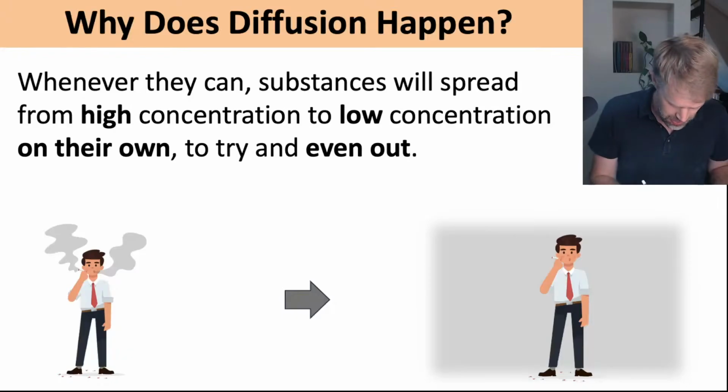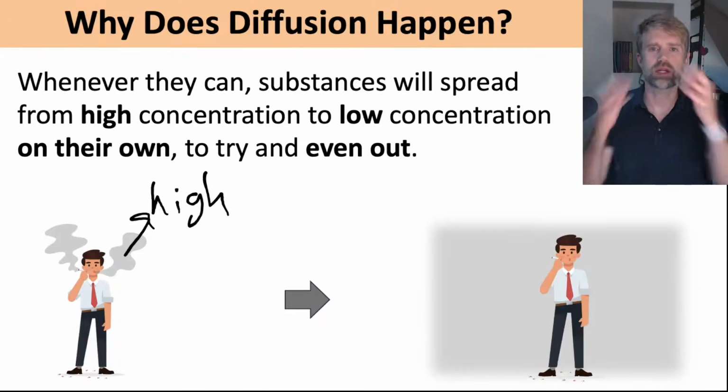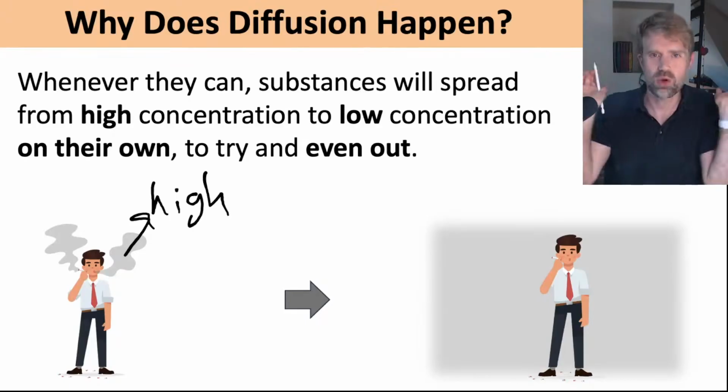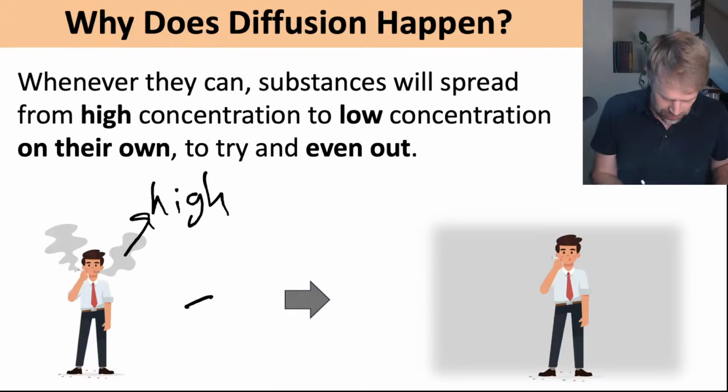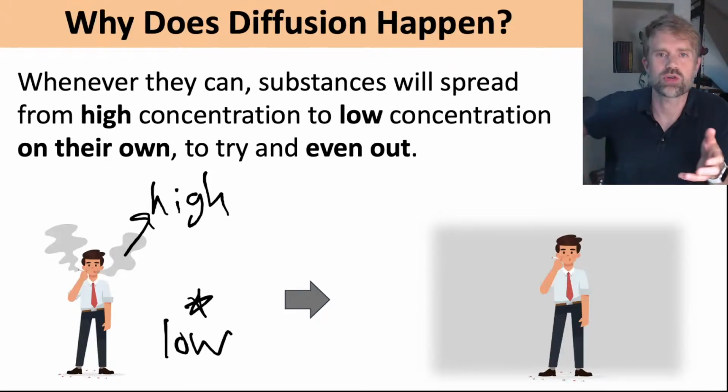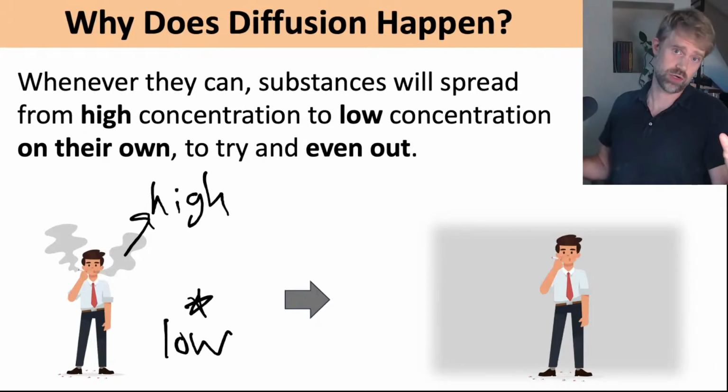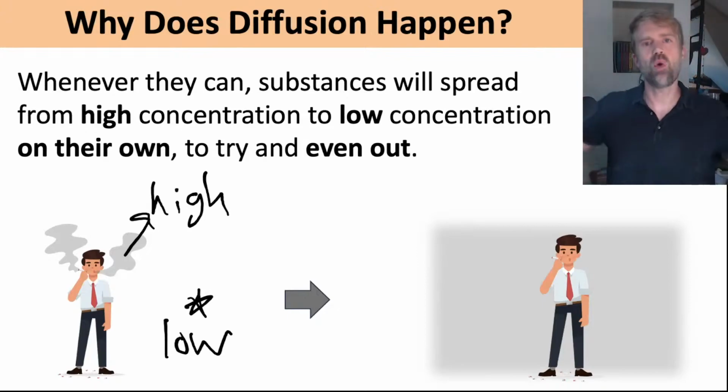And so that means that starting out, we have a high smoke concentration close to his face where the puffs of smoke are. But over here, we have a low smoke concentration. We might have no smoke concentration, okay? The point is, we have an area close to his face where the puffs of smoke are, high amount of smoke, high concentration of smoke. Further out, low concentration of smoke.